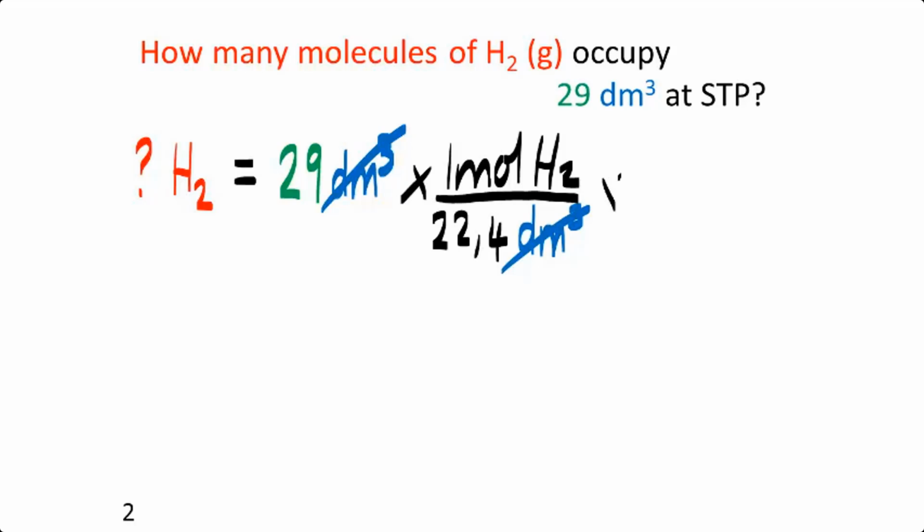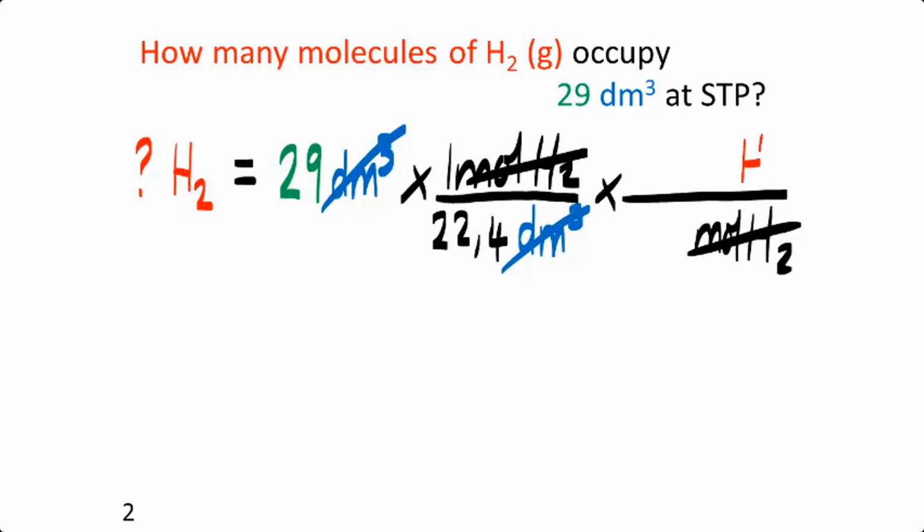So we need another conversion factor, and this one must have mole of H2 at the bottom to get rid of this unwanted unit. And it must have H2 at the top to introduce the unit we actually want. And we know that 1 mole of H2 is 6,02 times 10 to the power 23 H2 molecules.